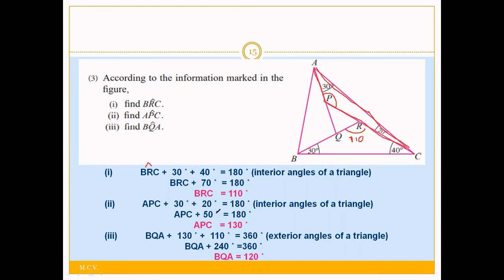So, APC plus 50, 180. Then, to remove 50 degrees, subtract 50 from both sides. Then, APC angle is 180 minus 50 means 130. So, APC is 130. Here, 130.